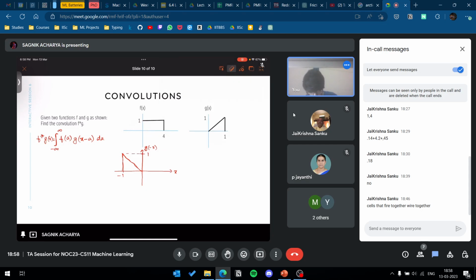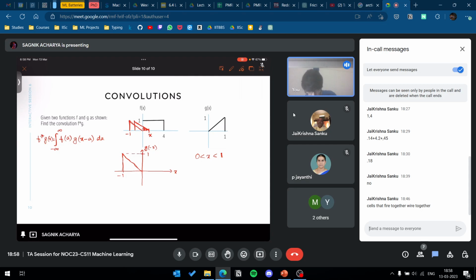This is my initial configuration, and this is at minus 1. For x between 0 and 1, by x I mean how much it has moved. If I move it by a certain distance x, this is my shaded area, this is the overlap, and this amount is x.